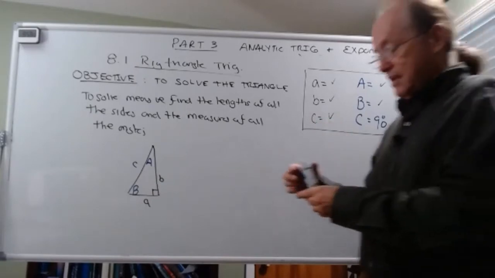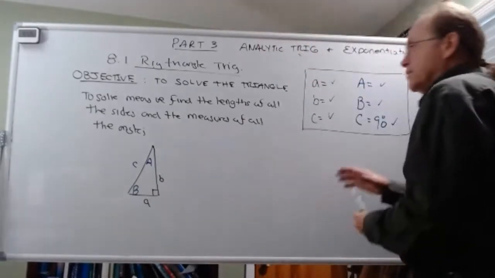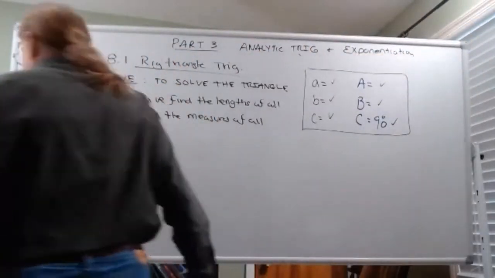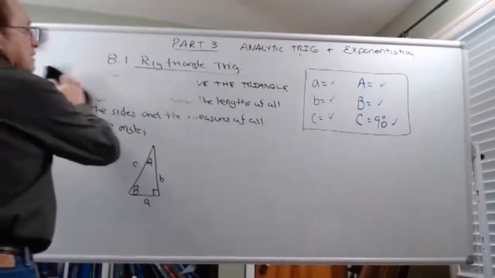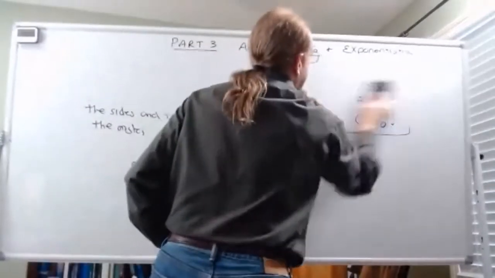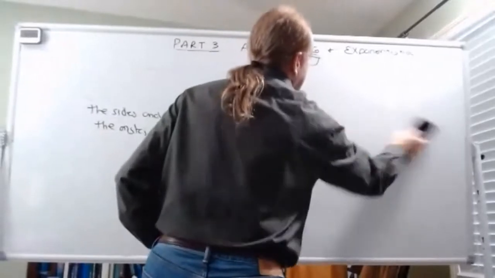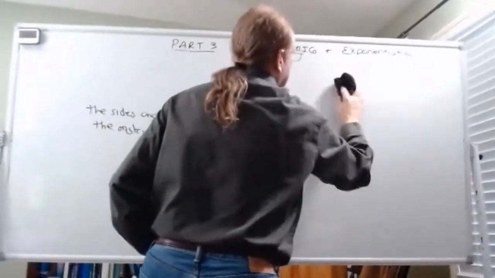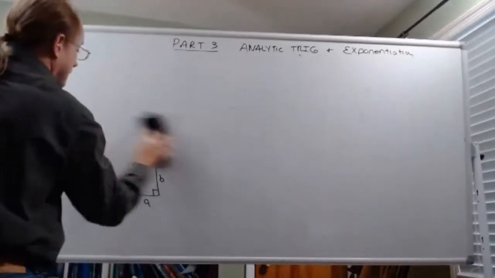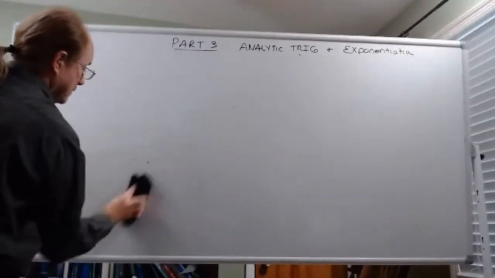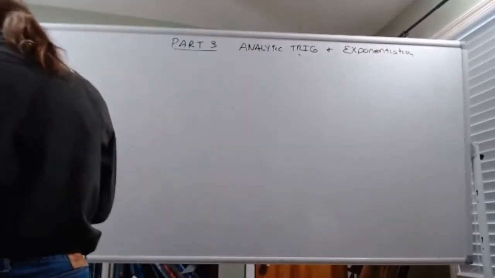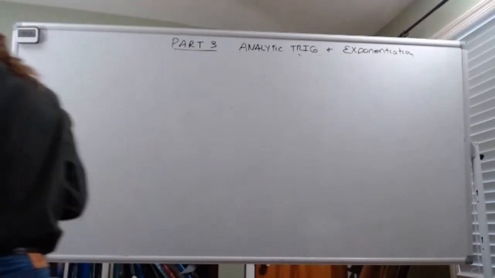We're going to be solving a triangle problem, but we're going to start with the right triangle. So let's start very simply with an example of a right triangle, and the tools that are at our disposal.